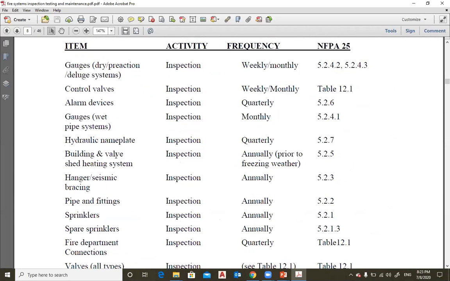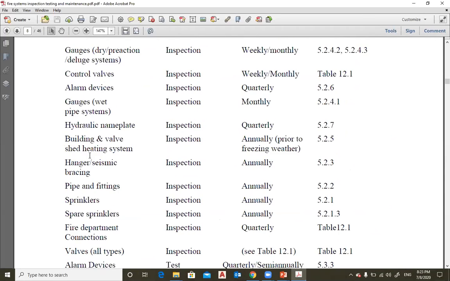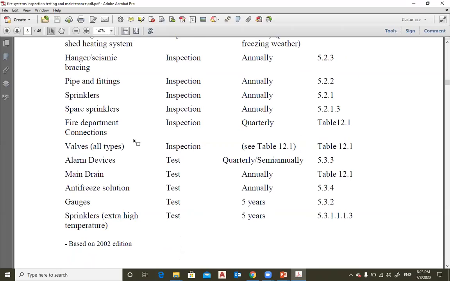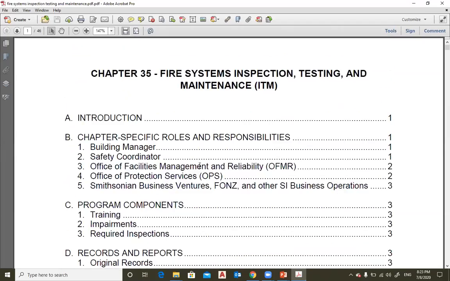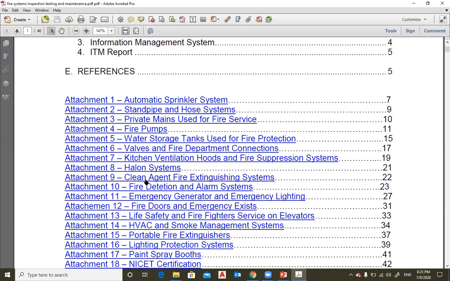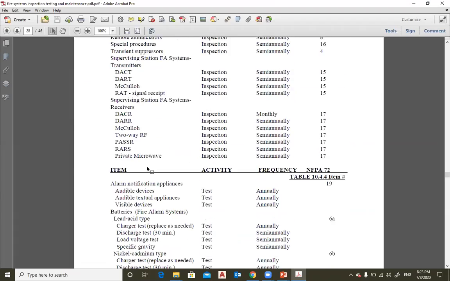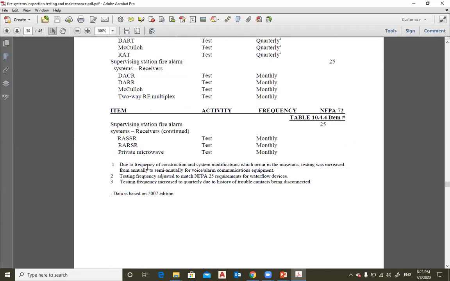Not all is important, but check the important things like control valves, alarm devices, the sprinkler itself, something like this. Fire hose reel, if you find it here, for example. Going back to the fire alarm one, because the fire alarm, as you know, is where more questions come, in fire detection and alarm system you find the same, just in simple pages, not big.